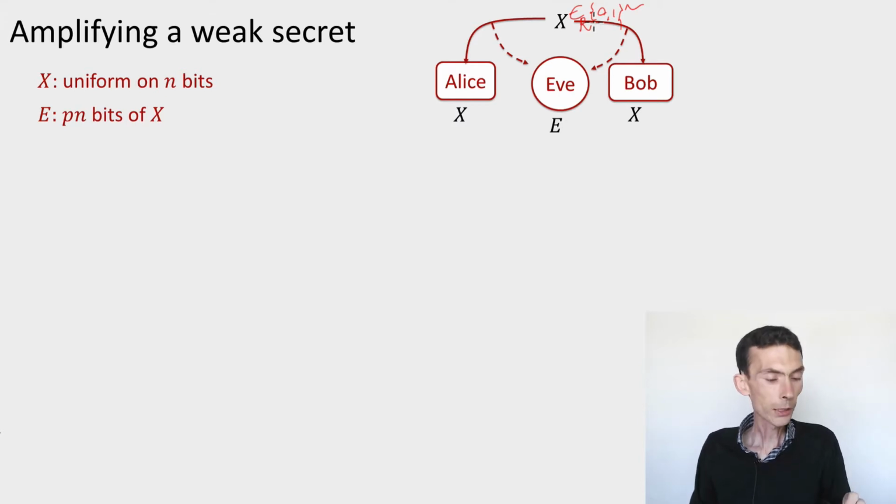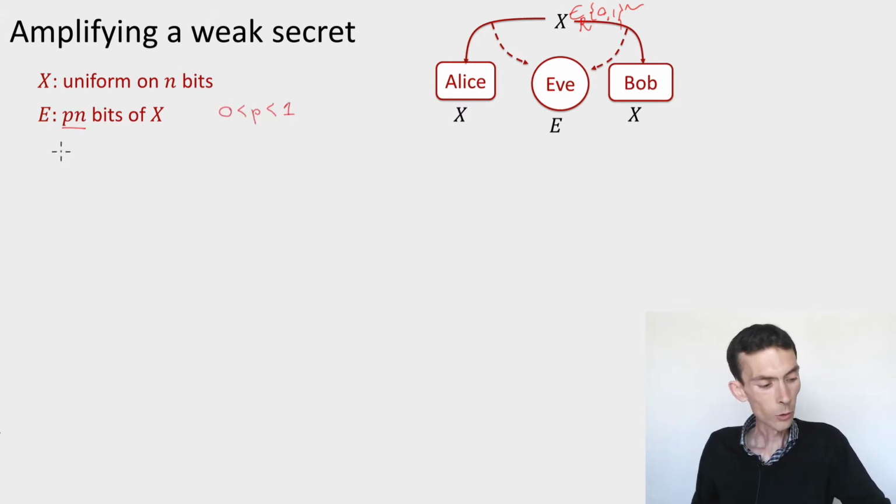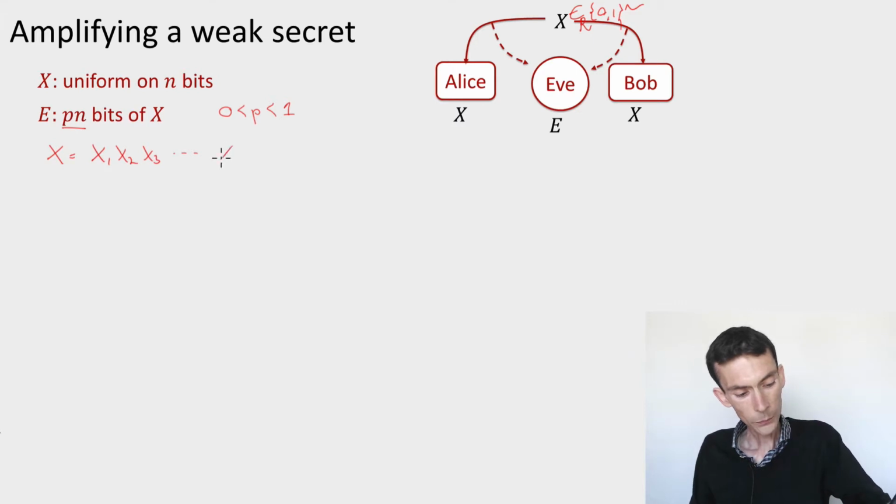And here, for the example, the way we'll think of this side information is that the eavesdropper simply has stored as side information some of the bits of x, p times n of them, where p is some number between 0 and 1. So this string x, you can write it down as x1, x2, x3, etc. up to x_{n-1}, x_n.